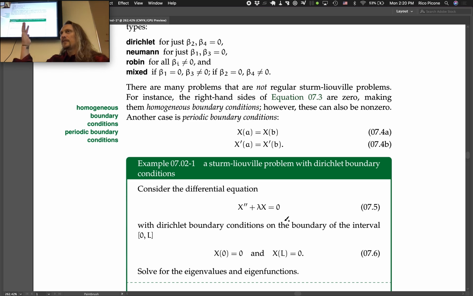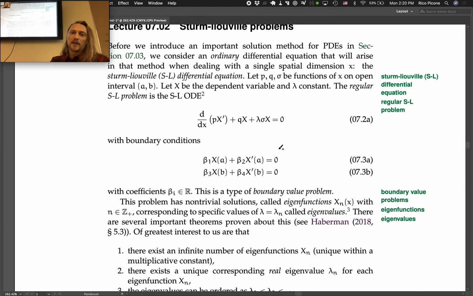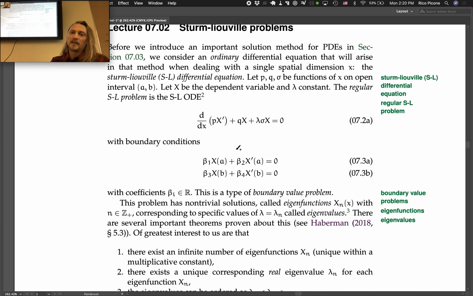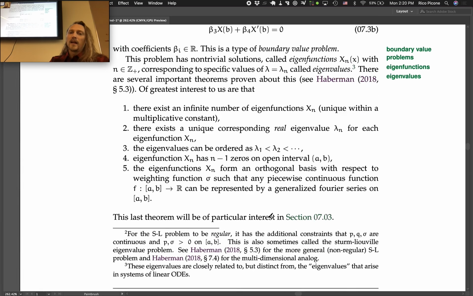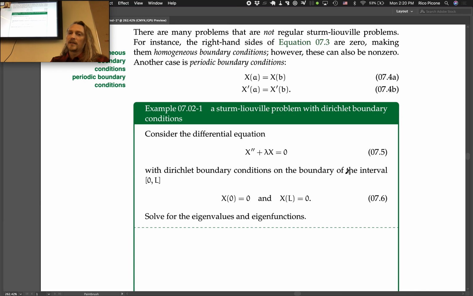So I've set a few of those values up here to 0 or 1. P is 1 in this case, q is 0, and sigma is 1. And the boundary condition I'll give is the Dirichlet boundary condition on the interval of 0 to L. I'll say that X of 0 is 0 and X of L is 0.